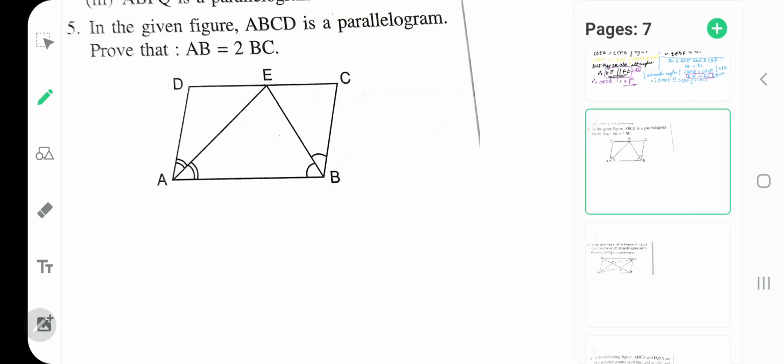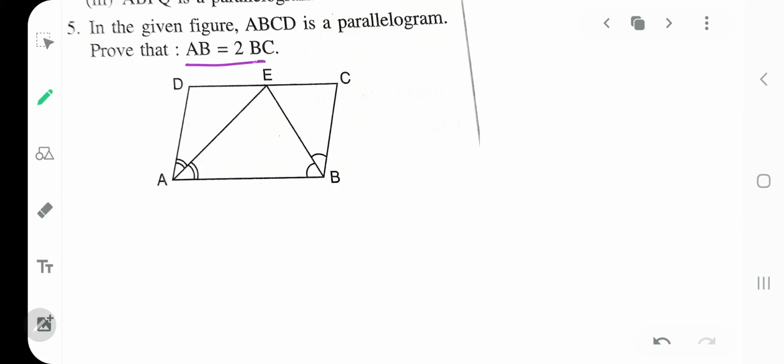Next is problem number 5 of your topic, which goes: in the following diagram ABCD is a parallelogram. Prove that AB is twice BC. So given you have a parallelogram and you have to prove that AB is twice BC. Shall we start?